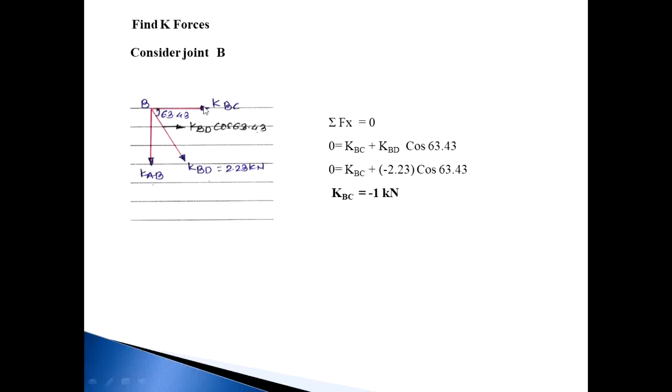Total number of horizontal forces is 2, that is KBC and KBD cos 63.43. Both forces are going on the right side. So KBC plus KBD cos 63.43 is equal to 0. We know the value of KBD is minus 2.23. So KBD cos 63.43 plus KBC is equal to 0, and KBC is equal to minus 1 kilonewton.